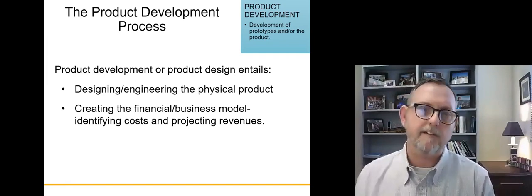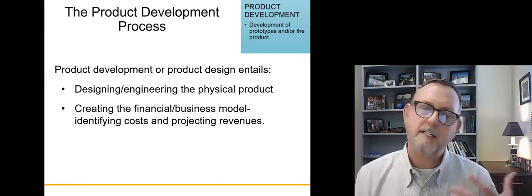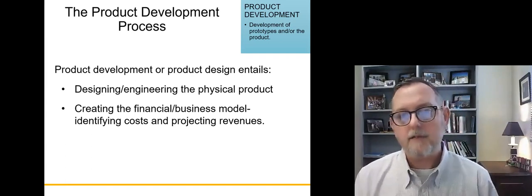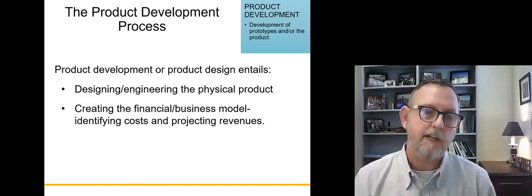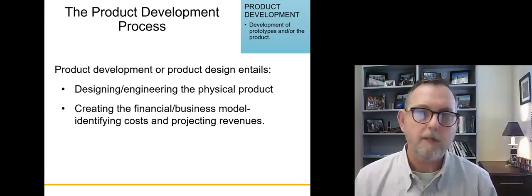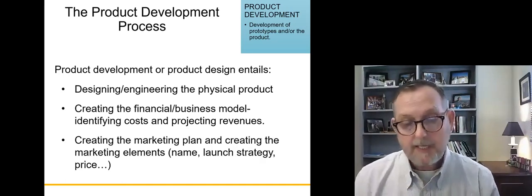Because not only do we have to physically be able to make it, but it has to be something that fits into the organization's existing products. It has to be profitable. We have to identify the costs. It has to make the benchmarks of profit margin and return on investment that we would normally make with any type of thing that we're going to invest in.